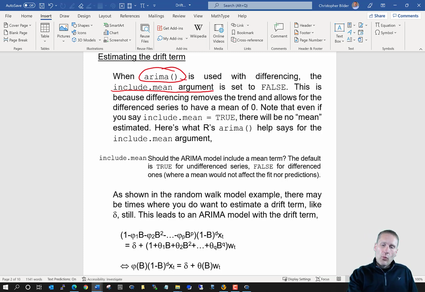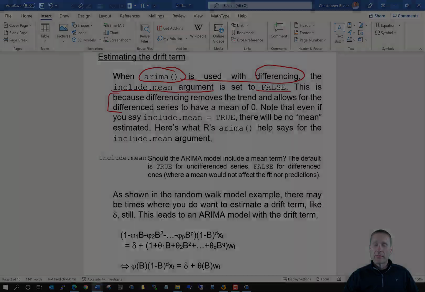That's because with the ARIMA function, whenever there's differencing, include.mean is always set to false automatically by R. So even if you put include.mean equal true in your ARIMA call, R will automatically set that equal to false. The reason is that differencing is supposed to remove trend and allows the differenced series to have a mean of 0. This is what we've previously seen.